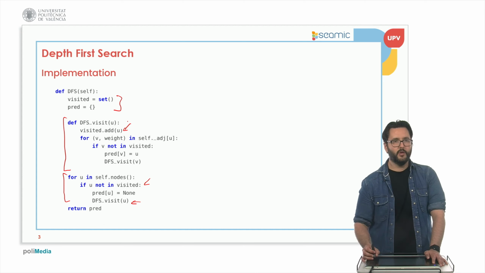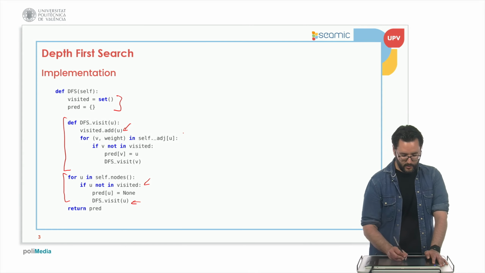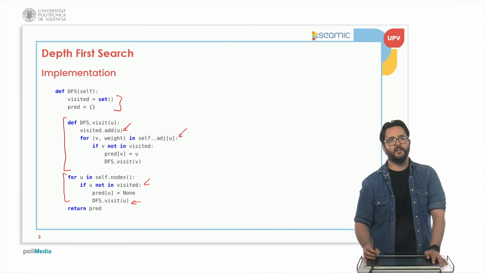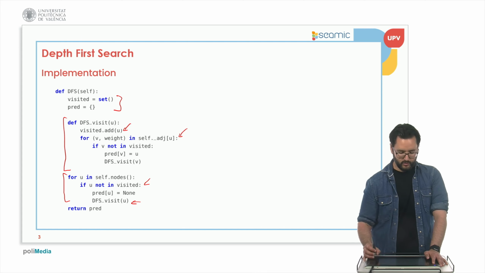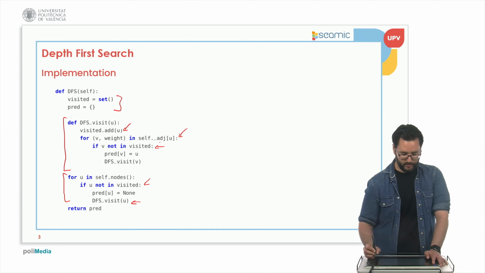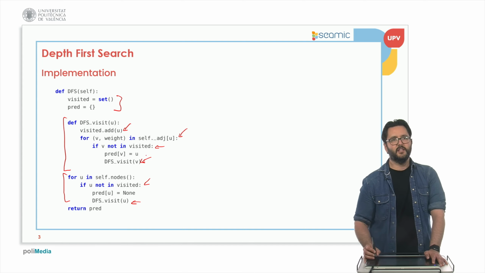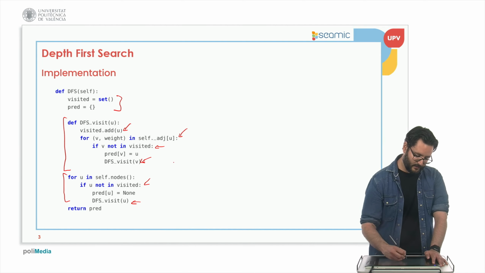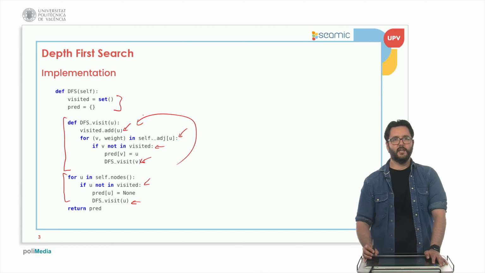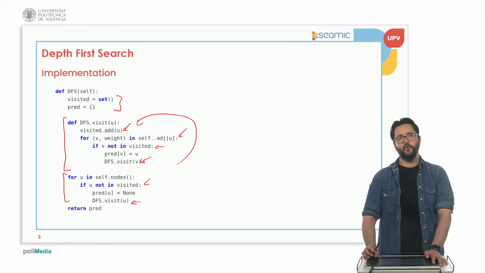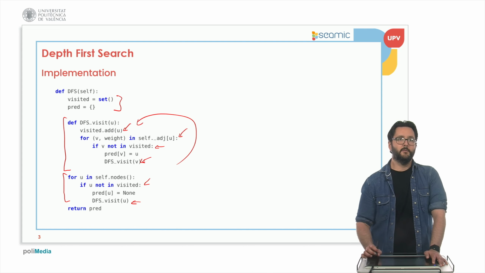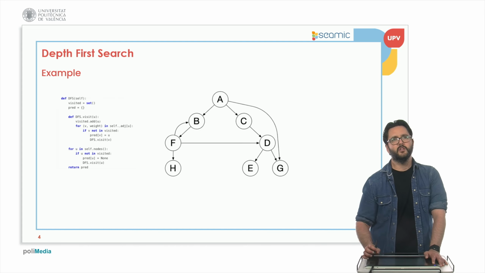For each call, we mark this node as visited. We iterate over the adjacents of this node. If these are not visited, we call again recursively the DFS visit, starting the process again. So this will explore a branch in depth. This is what is called a depth first search algorithm.